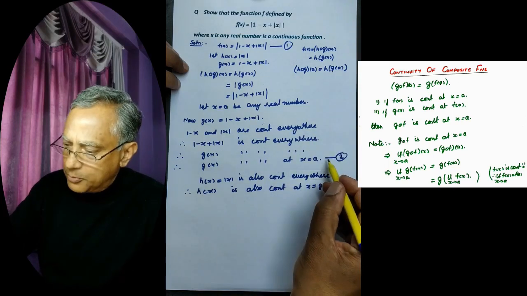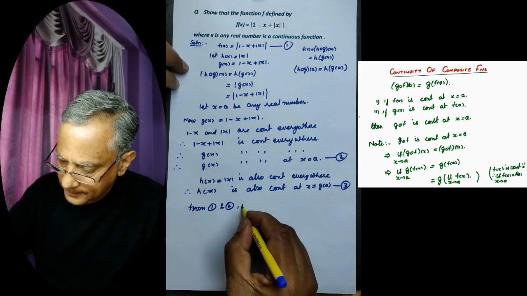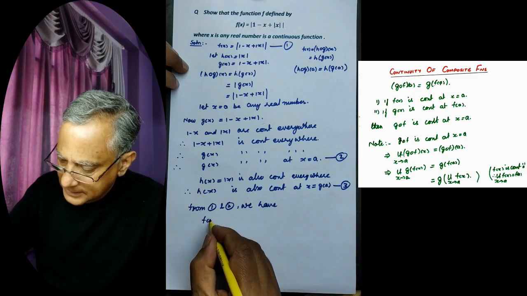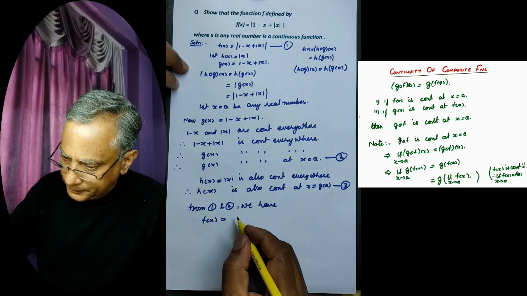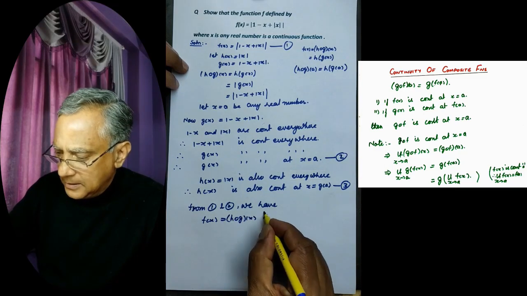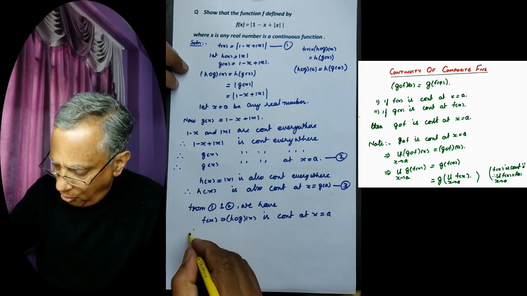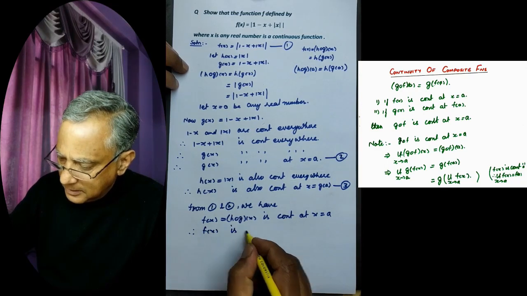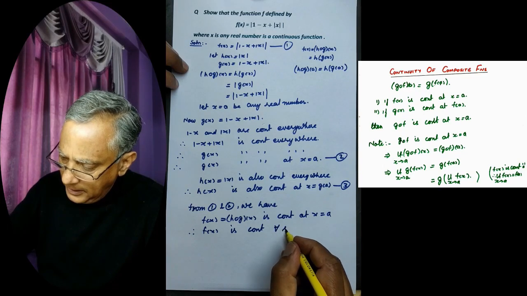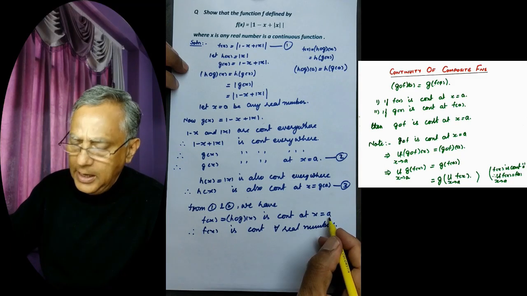And therefore from 2 and 3 we have fx is equal to h of gx is continuous at x equal to a, and therefore fx is continuous for all real numbers, because this is a general real number.